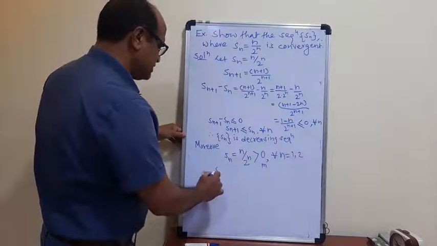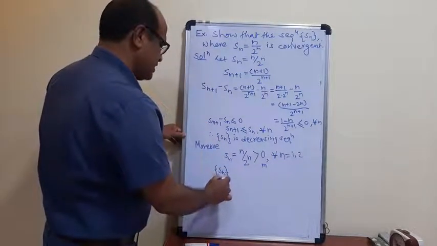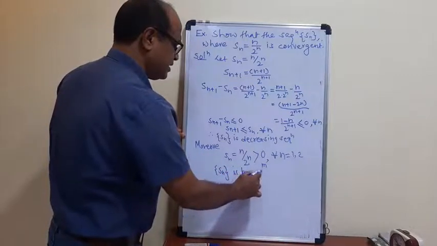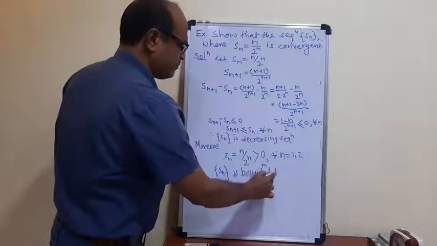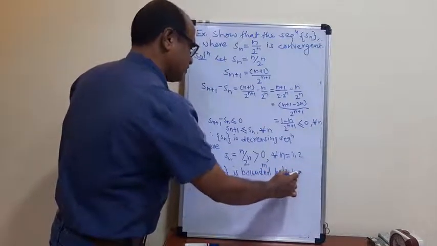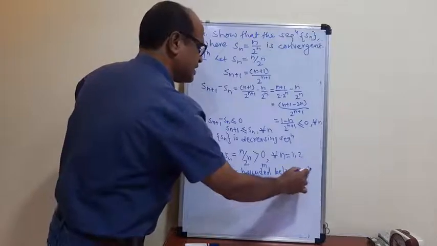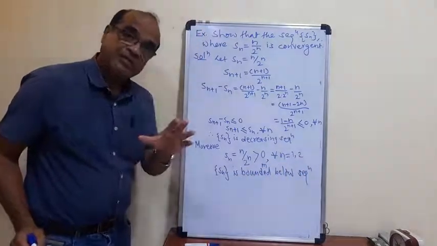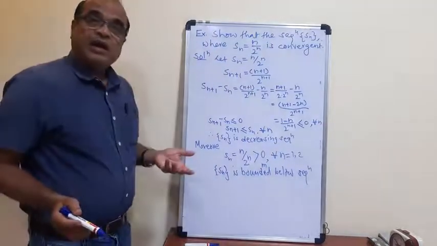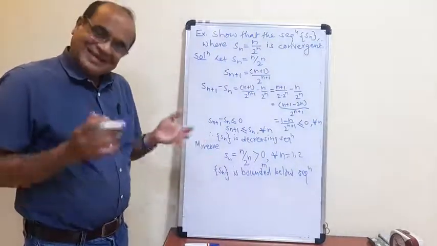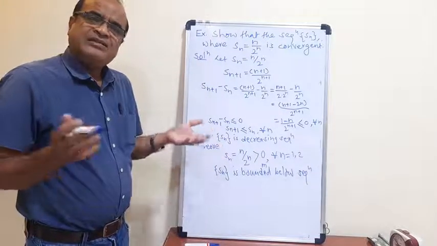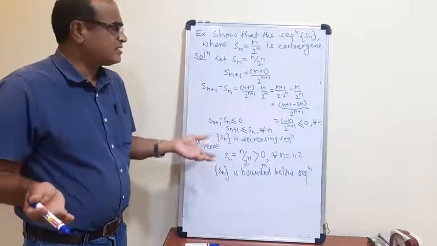Therefore this sequence Sn is a bounded below sequence. Then by theorem, what is the theorem? A decreasing sequence Sn which is bounded below is convergent.